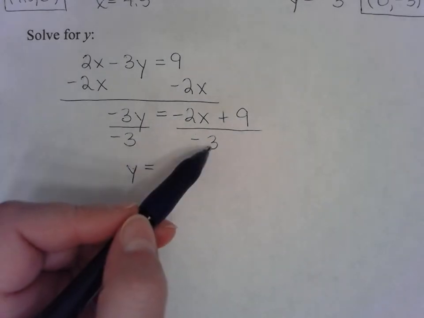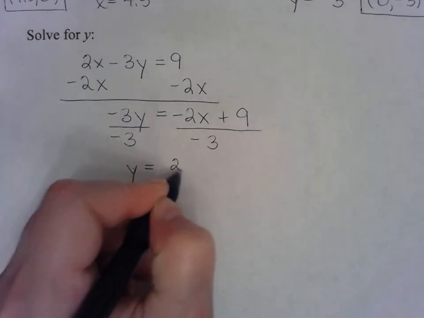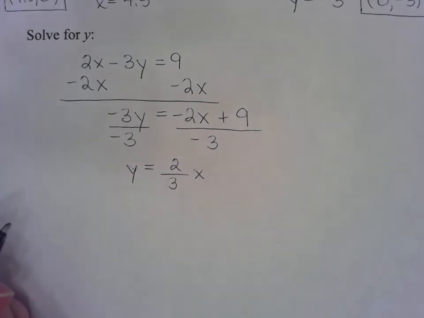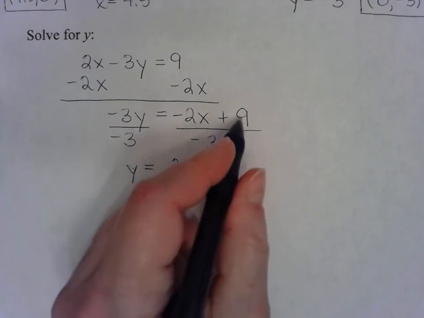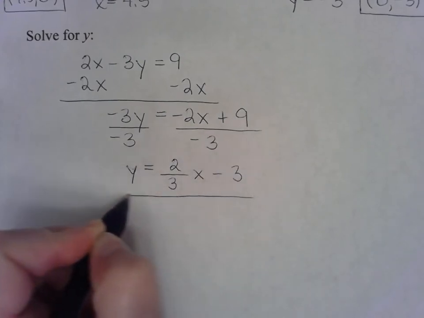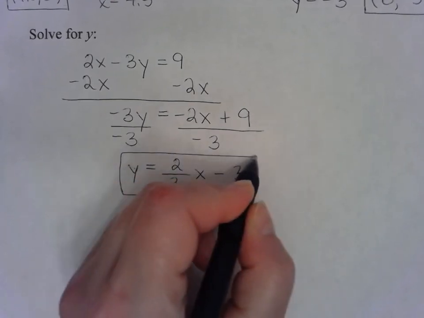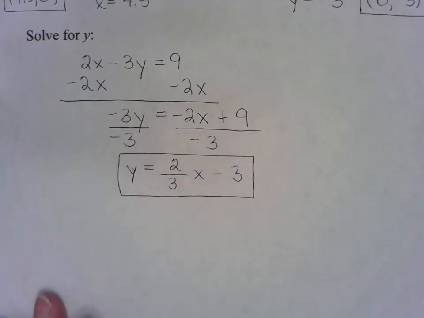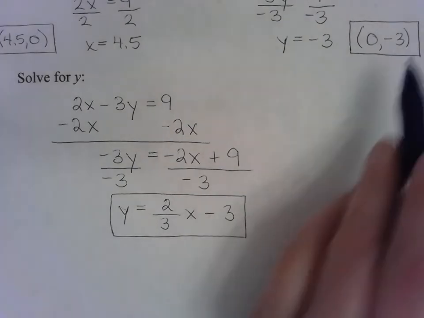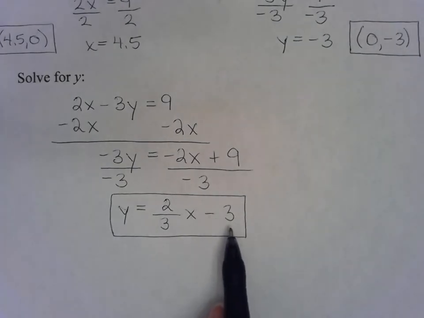So negative 2 divided by negative 3, the two negatives become positive, and we have 2/3 x. 9 divided by negative 3 would be minus 3. And notice this ties in with what we got for the y-intercept. It's negative 3, and the value for b is negative 3.